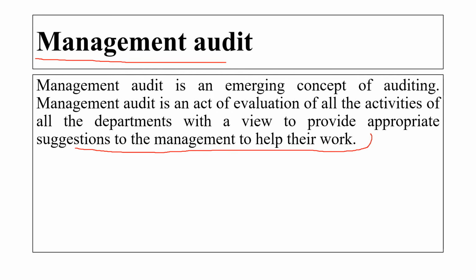Here the main aim of a management audit is to improve the profit earning capacity of the organization, improve the work of the management, improve social objectives and human resources development, so that the organization can easily achieve its target and goal. This is the main objective of management audit.